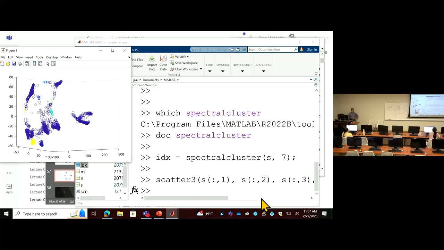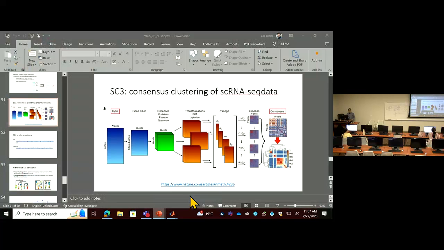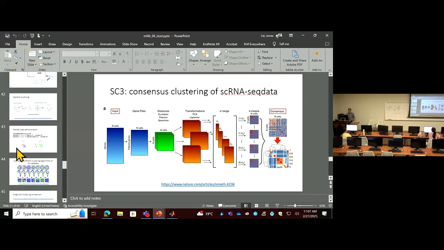Okay, spectral clustering, the last step is also K-means. If you read through the pipeline of the clustering algorithm, we had that in the literature here.